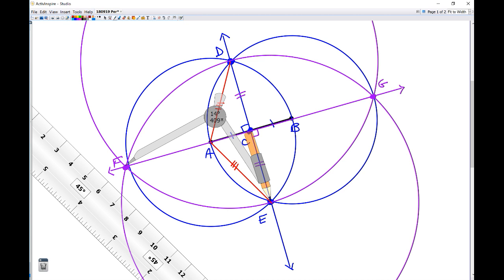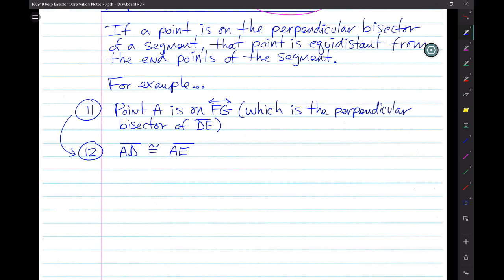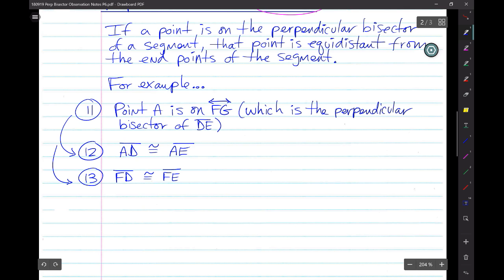All right, let's mark that one in as well. Let's write that over on our observation sheet here. In addition to this, we can say that FD is congruent to FE. So line segment FD is congruent to line segment FE. That also comes from point 11, not from 12, but from point 11.